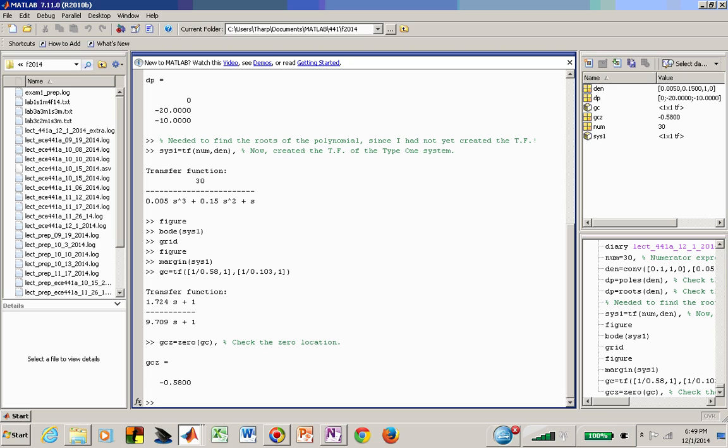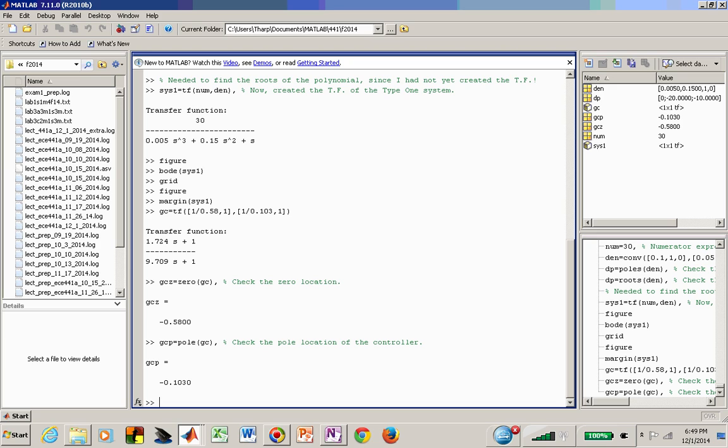And that's at minus 0.58, which is what I had needed for my 0 location. And my pole is at minus 0.103, which is what I wanted to achieve.